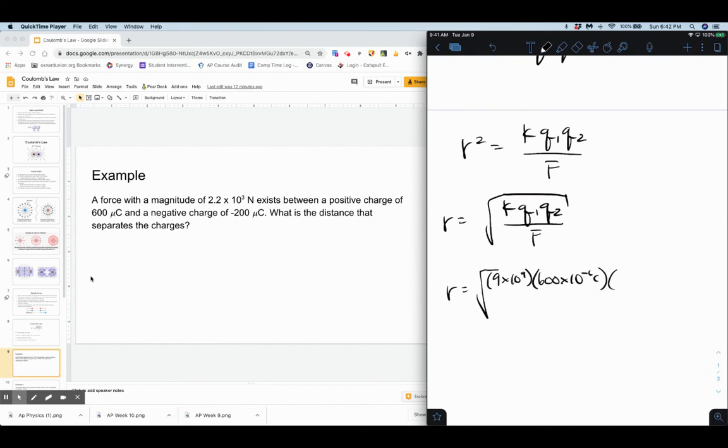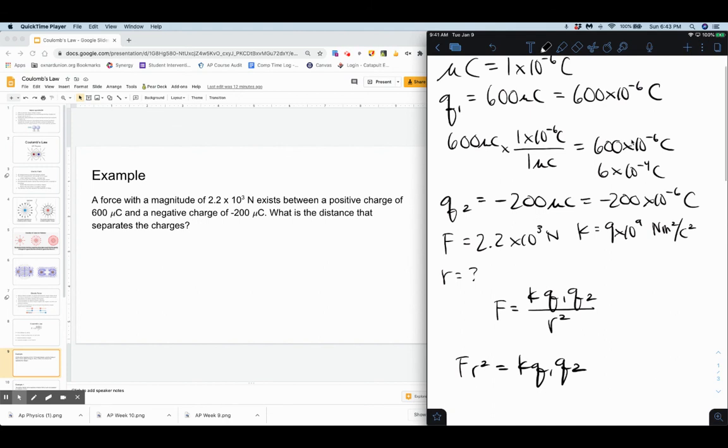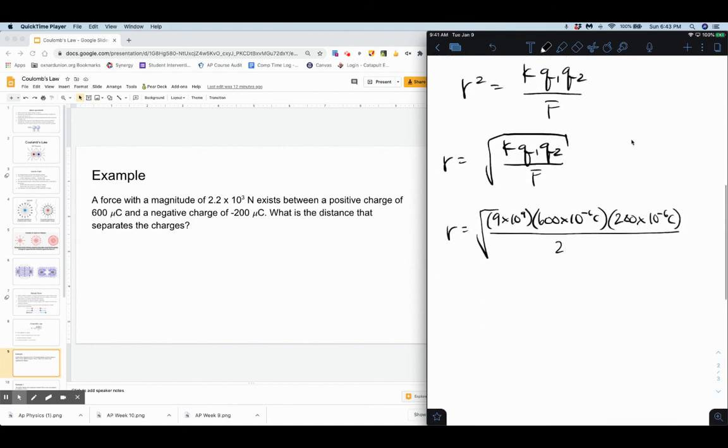But we're just going to plug in a positive because what we're getting here is R. We don't want a negative number under the square root because that doesn't make sense, right? So that's why there were absolute values around those charges that I showed you when I introduced the Coulomb's law equation. And then we divide the whole thing by the force, which was 2.2 times 10 to the third newtons.